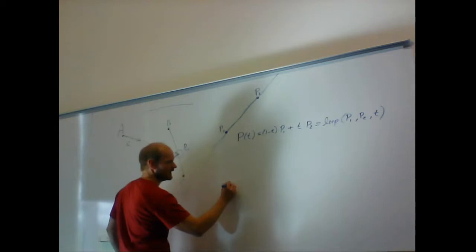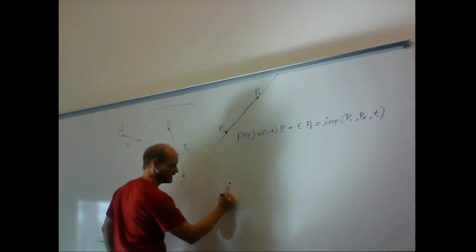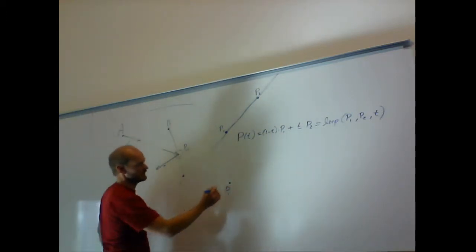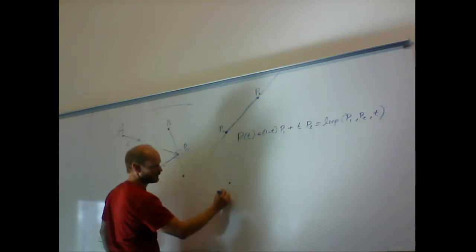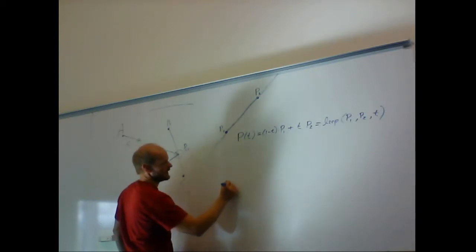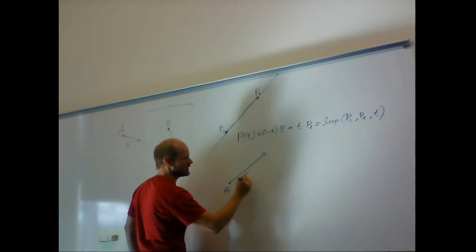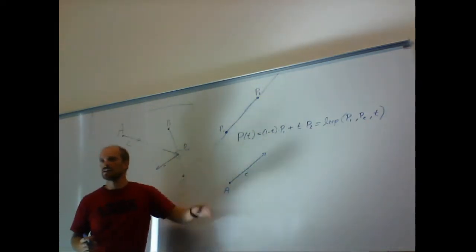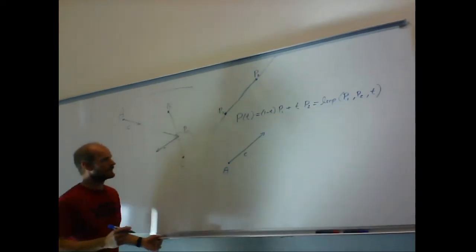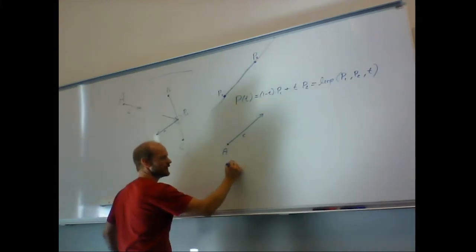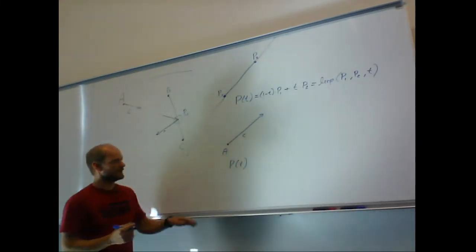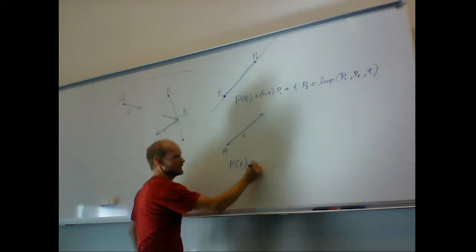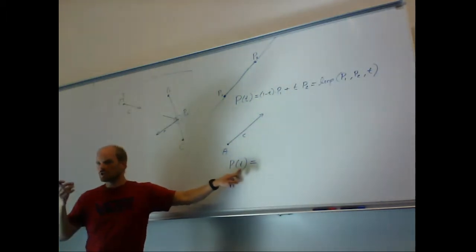I'm going to say I can represent the same line with a point P1, or in this case let's call it the point A, and a vector C that is parallel to this line. So how would my function for that, my parametric form, now look? P of t equals, again I have this parameter, which is just a number I put in there.